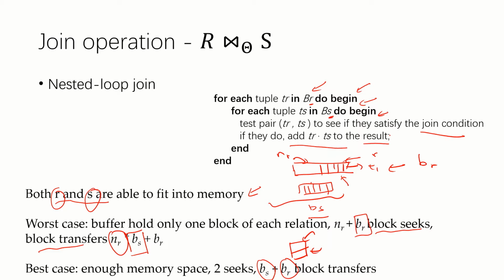How about for the inner side? Inner loop, because I'm going to go through tuple by tuple, I will have to do the access nR number of times, which is the number of tuples in my outer loop. So for the block seeks, I will need nR plus BR number of accesses.